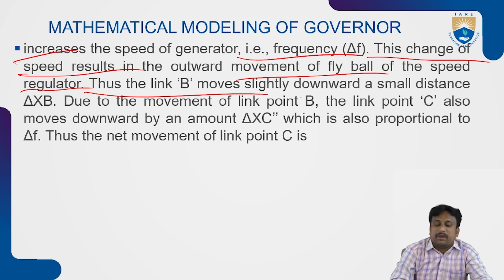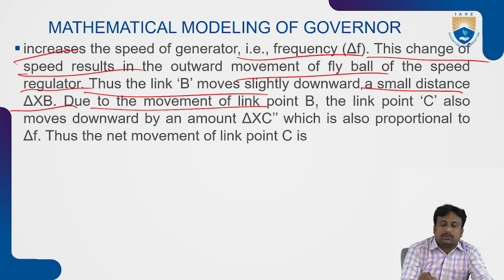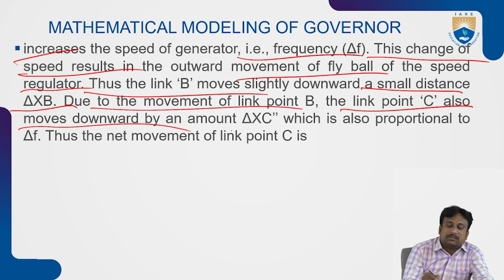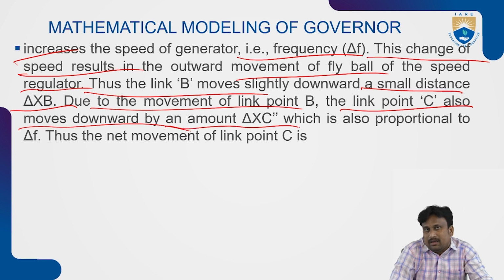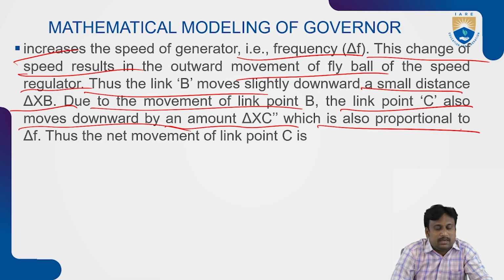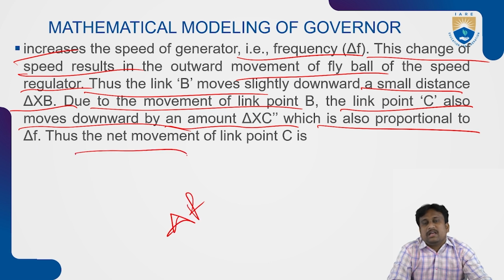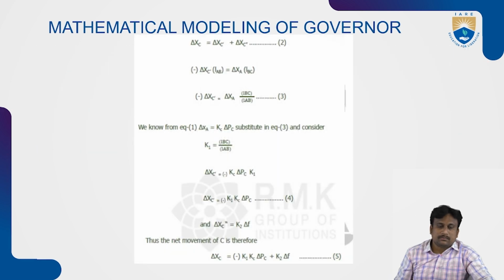Thus link B moves slightly downward by a small distance delta XB. Due to the movement of link point B, link point C also moves downward. This delta XC is proportional to delta F. Thus the net movement of link point C is considered.